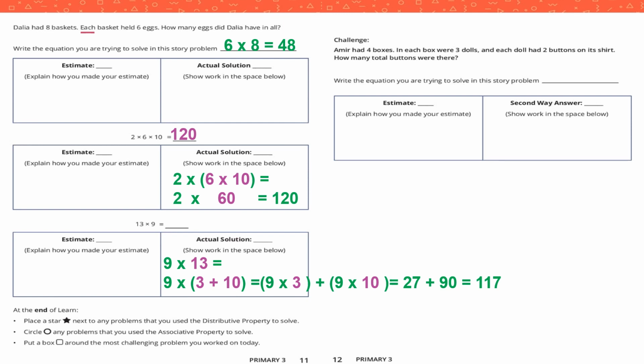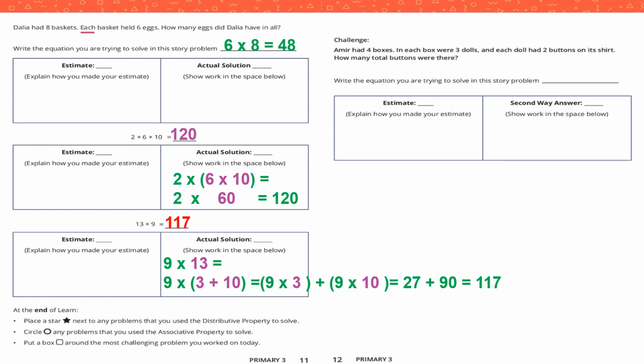Then I will distribute 9 to it. 9 times 3 and 9 times 10 and put plus between them. 9 times 3, 27. 9 times 10, 90. Both of them equal 117. Okay, so the result is 117.